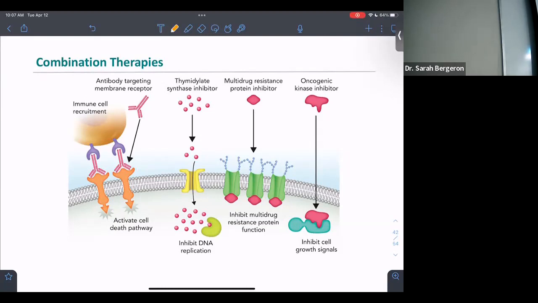Then I'm also going to give it an oncogenic kinase inhibitor. Remember how we talked about kinases being the enzymes that turn things off and on? So what's an oncogene? Something uncontrolled, that once it's going, the cell cycle goes go, go, go, go, go. So this controls the cell cycle. So I'm basically going to shut down the cell cycle, right?